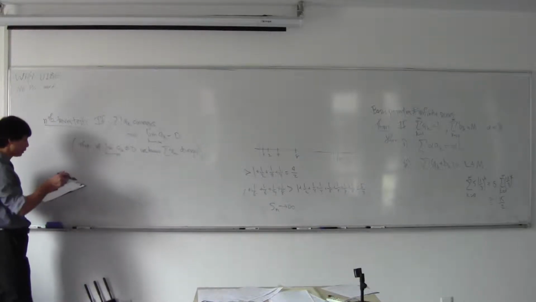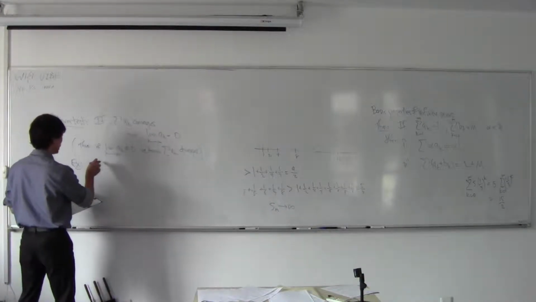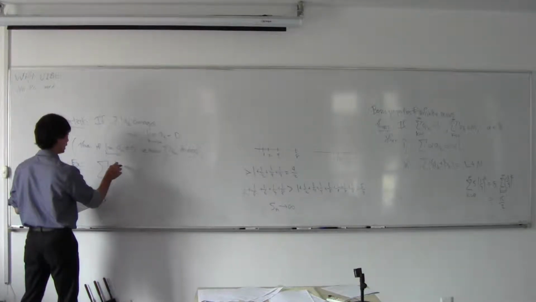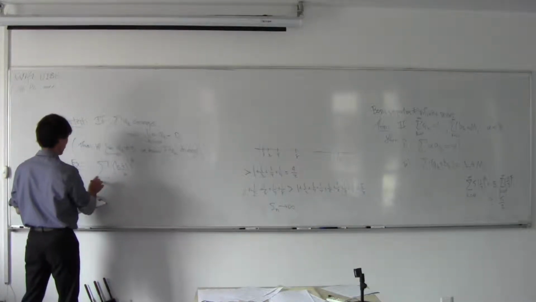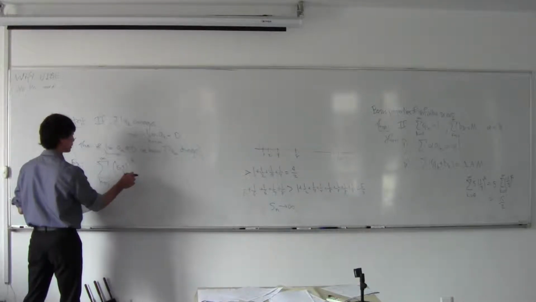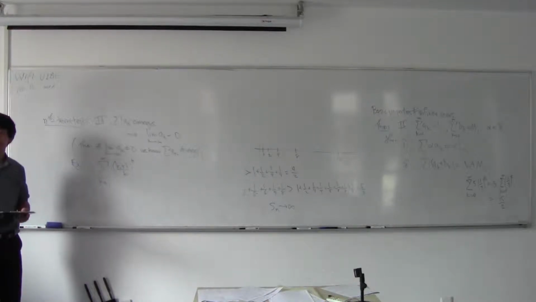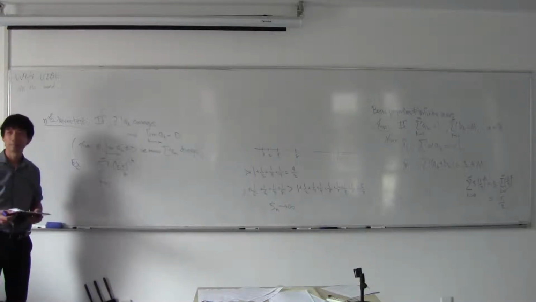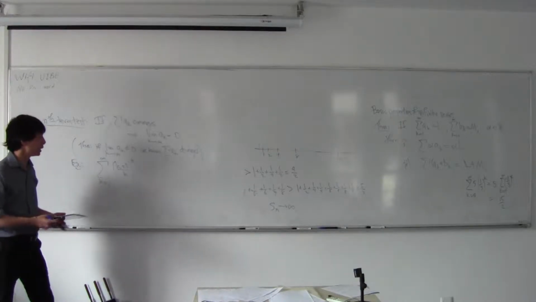Okay, so let me give you an example. If I say, look at the sum of (k plus 1 over k) to the k, as k goes from 1 to infinity, what happens to the nth term?